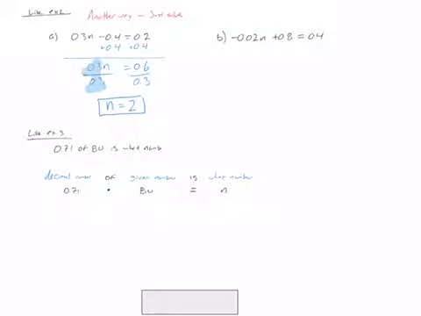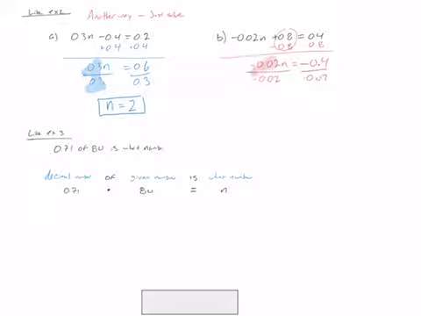Let's try another one of these. So we'll subtract 0.8. This part right here goes to 0. So I have negative 0.02n is equal to negative 0.4. Divide by negative 0.02 on both sides.